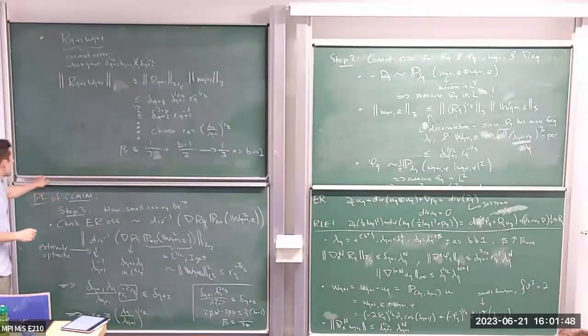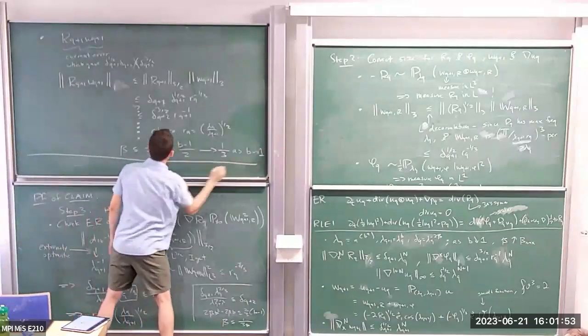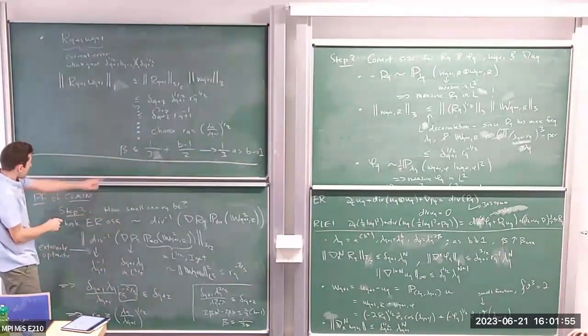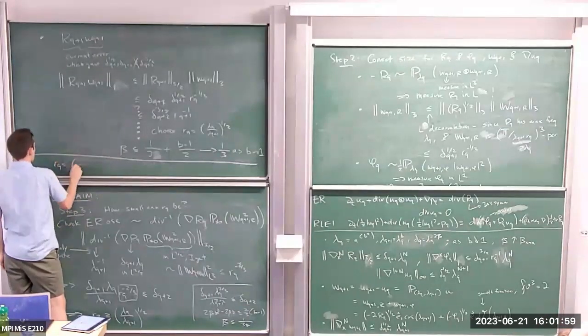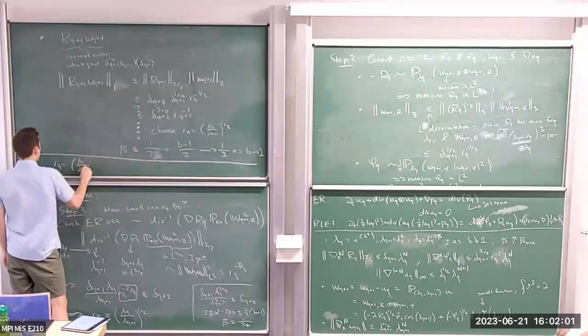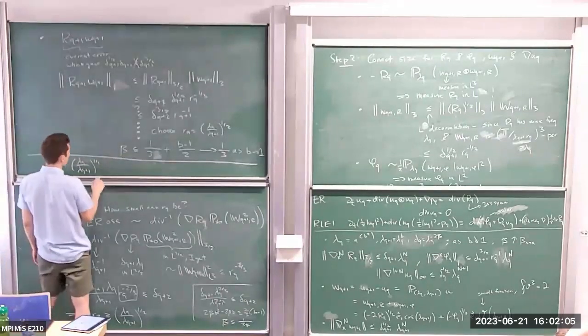Okay, so we found the Goldilocks amount of intermittency. It's RQ equals lambda q over lambda q plus 1 to the 1/2.